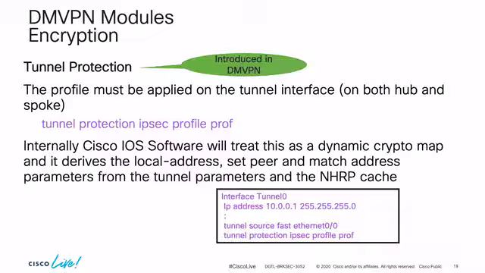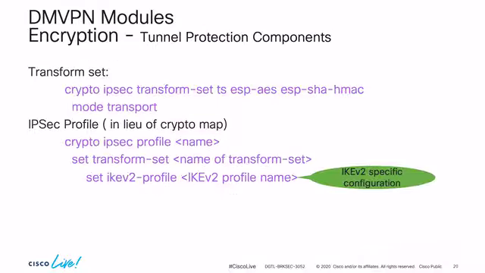Some of the other components with respect to encryption: you would still need to define a transform set, like what you would define in the previous GRE over IPsec solution which we had. You would be associating the mode with the transform set, and then you would map this transform set to the IPsec profile.